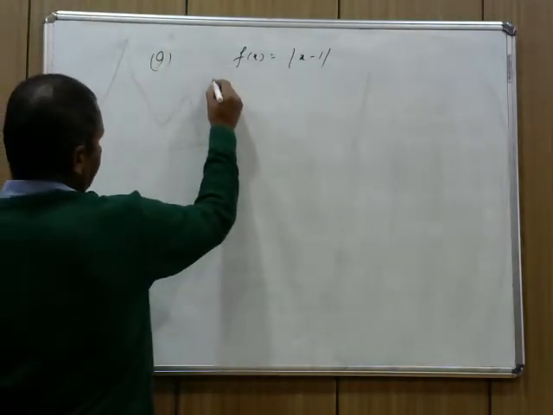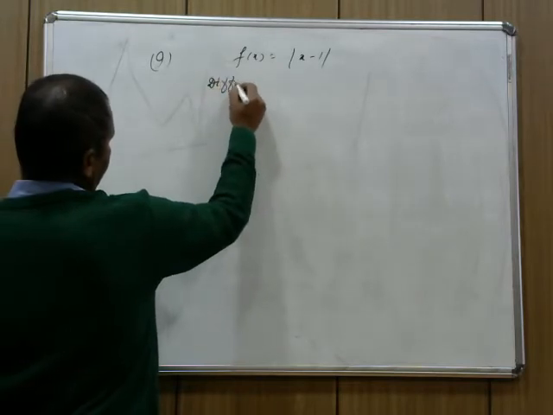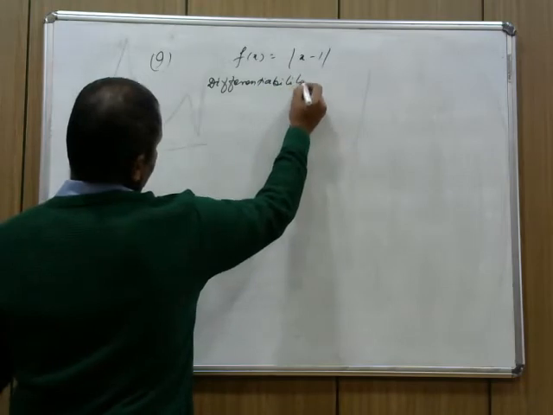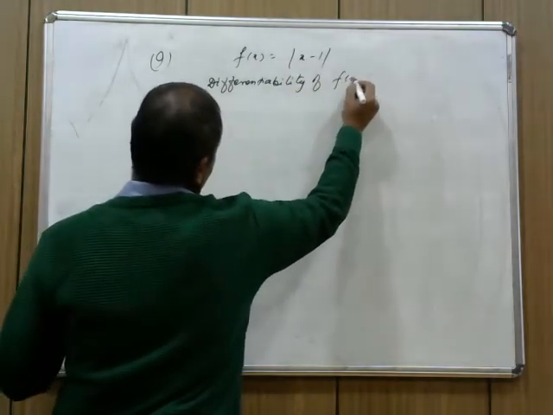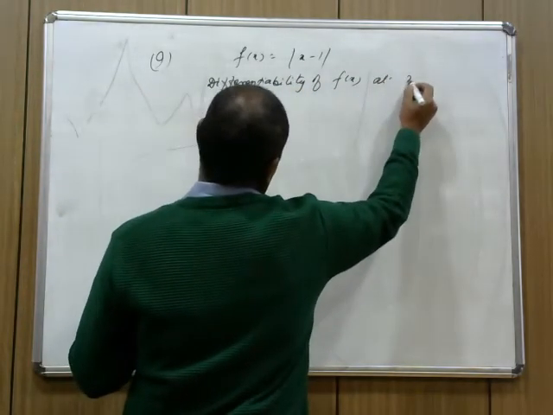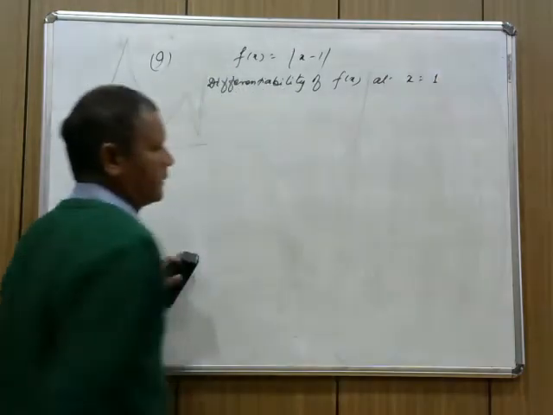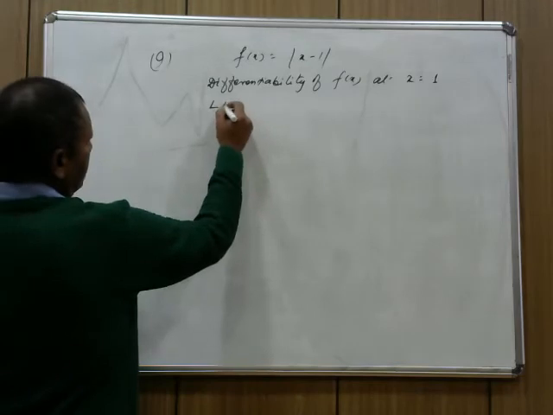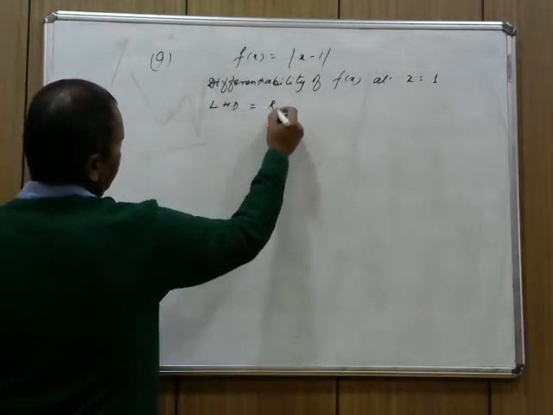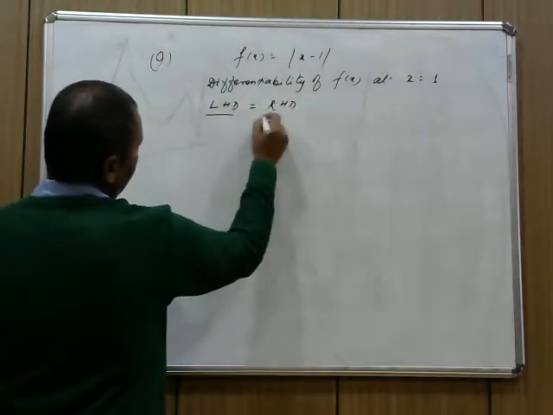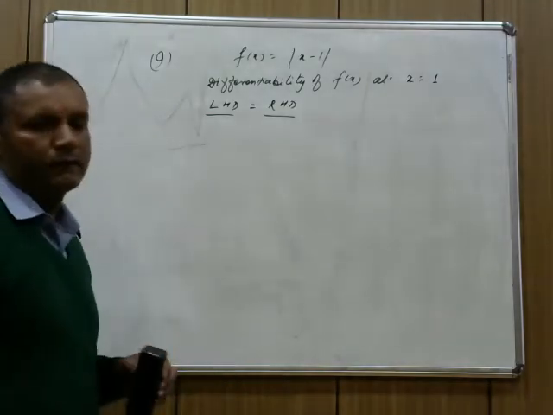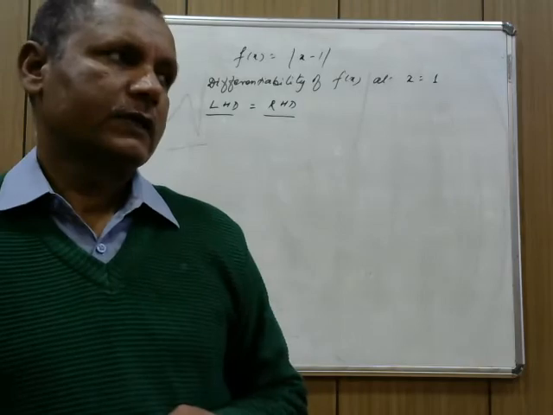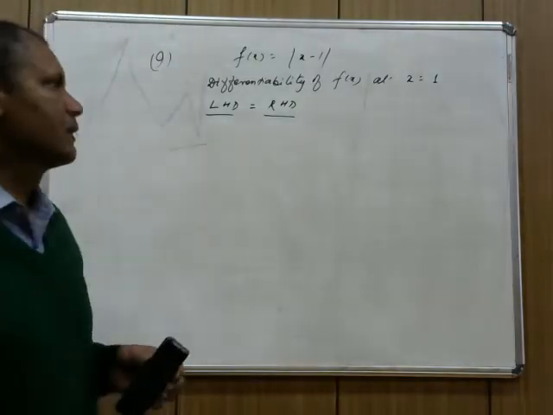That means I have to check the differentiability of f of x at x is equal to 1. I have to find out the left hand derivative and right hand derivative. If both are equal, then we can say yes, this function is differentiable.